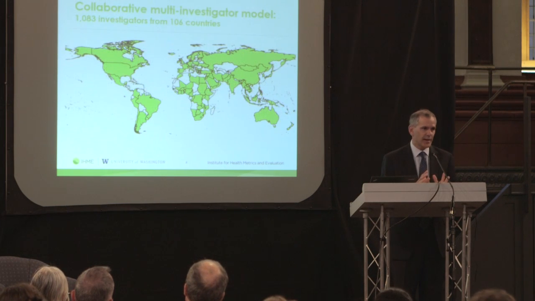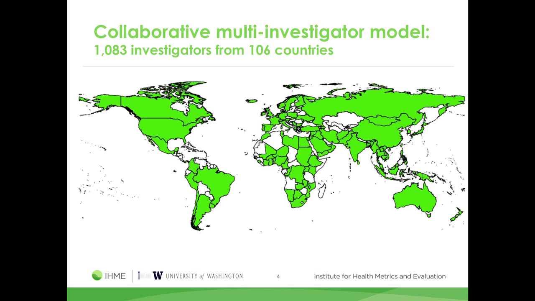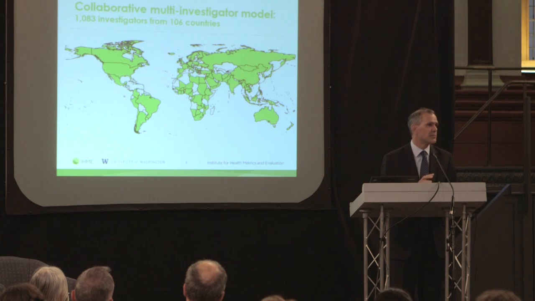That's really why I'll be talking about the GBD and making use of the GBD 2013 results, but these are not things that I've done. At the Institute for Health Metrics and Evaluation, we're simply the coordinating center for a huge multi-investigator collaboration. We're now more than 1,000 investigators from more than 100 countries contributing to different components of the study.